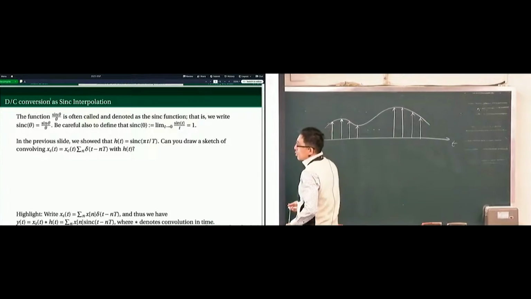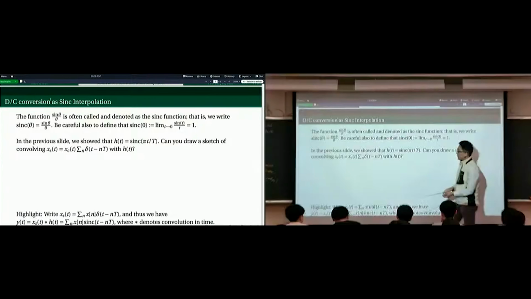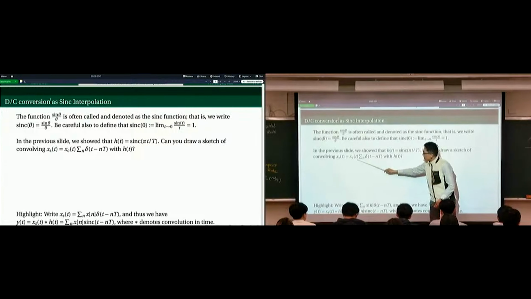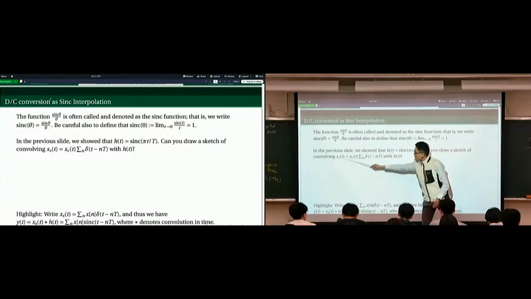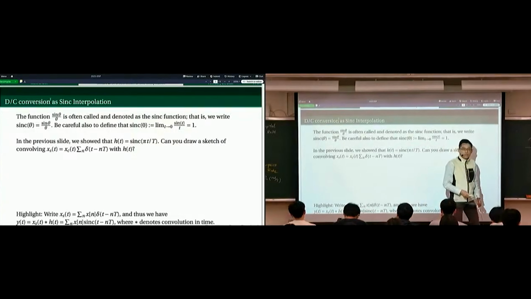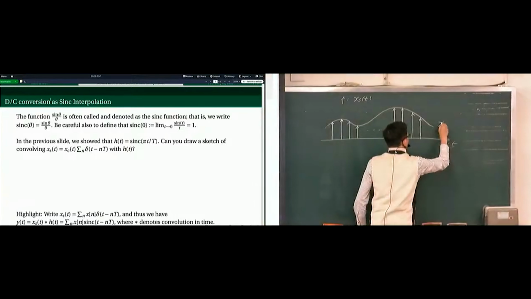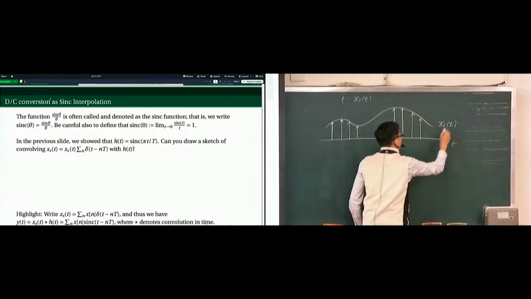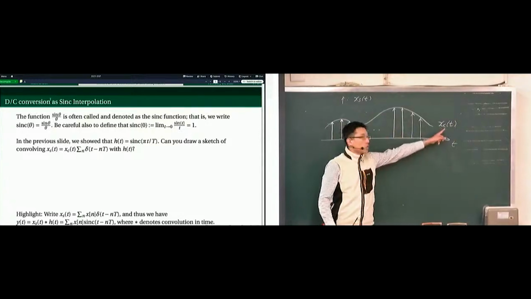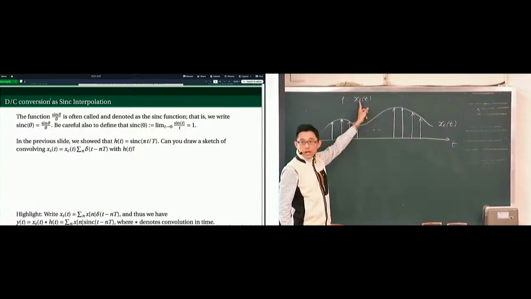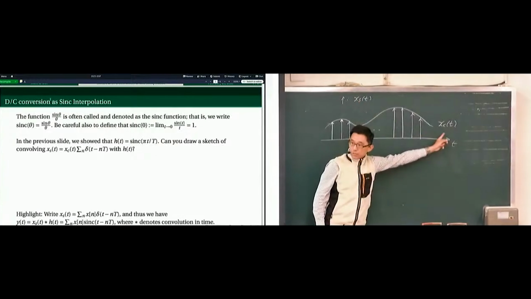Multiplying the continuous time signal with the spike train, the result is denoted as x sub s. The original continuous time signal is denoted as x sub c, emphasizing that it is continuous, and s stands for sampling: after sampling, before sampling, simply put.